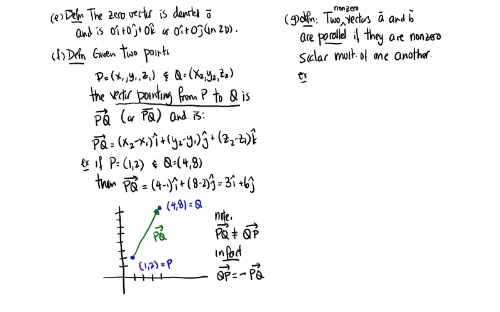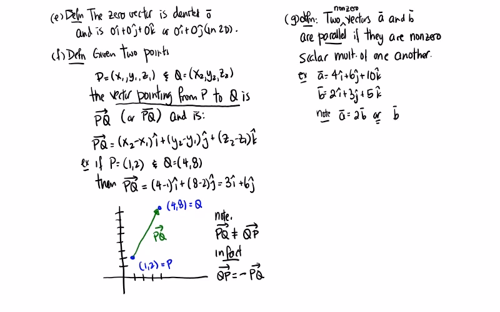Say a vector A is 4i plus 6j plus 10k, and B is 2i plus 3j plus 5k. You immediately see that A is twice B. Right? A is 2 times B. So A is a scalar multiple of B. Or if you prefer, you can think of it the other way.